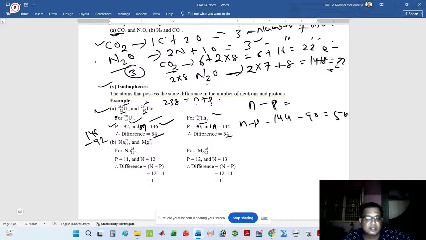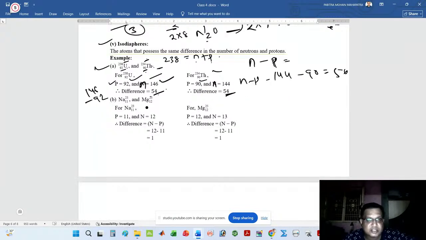Look at that. Uranium 92 238 has a difference of 54. Thorium 90 234 also has a difference of 54. Here the difference is the same. So we can say that U 92 238 and thorium 90 234 are isodiaphers to each other.